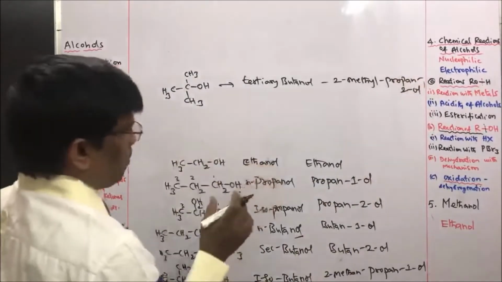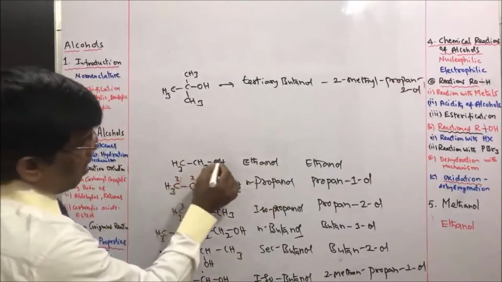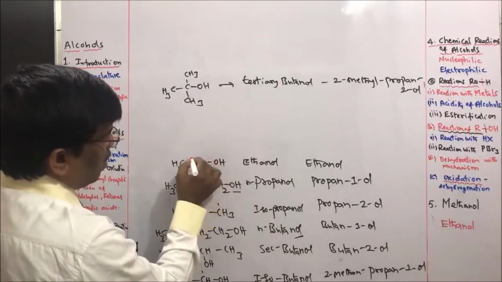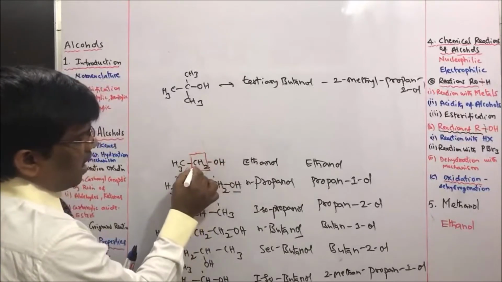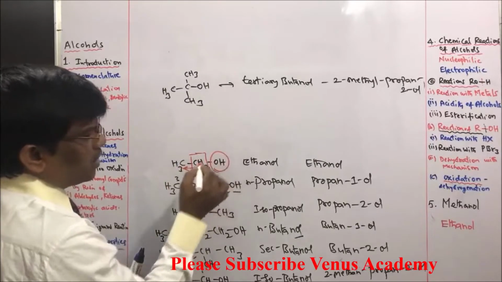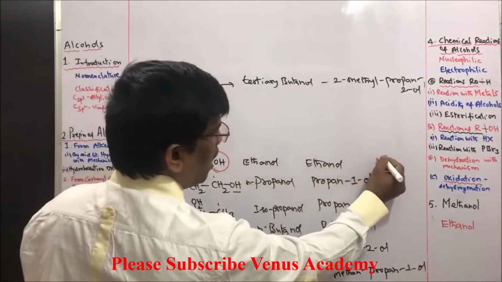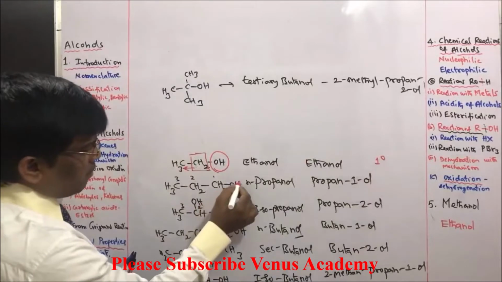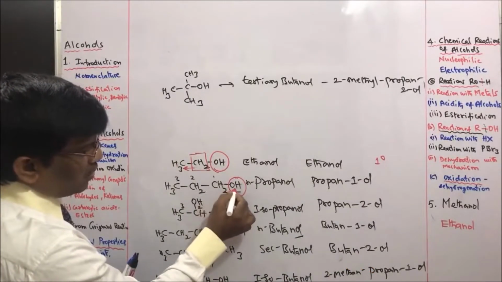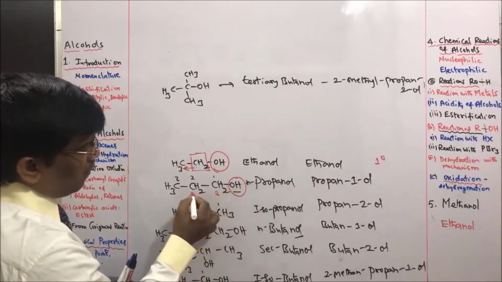And when it comes to primary and secondary alcohol, the alcohol which is attached to the carbon having 2 hydrogens, or which is attached to only 1 carbon, that hydroxy group is a primary alcohol. It is a primary alcohol because the adjacent or alpha carbon which is attached to the alcohol is attached to only 1 carbon.